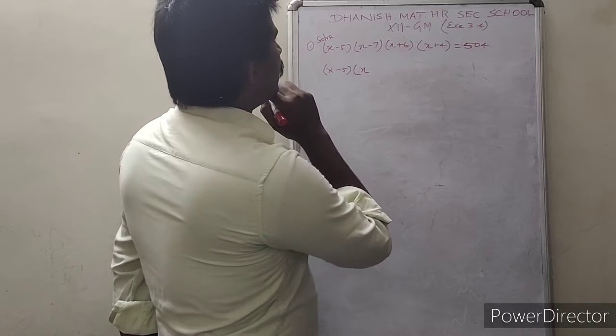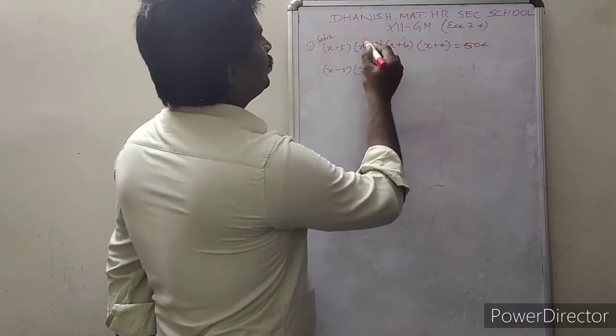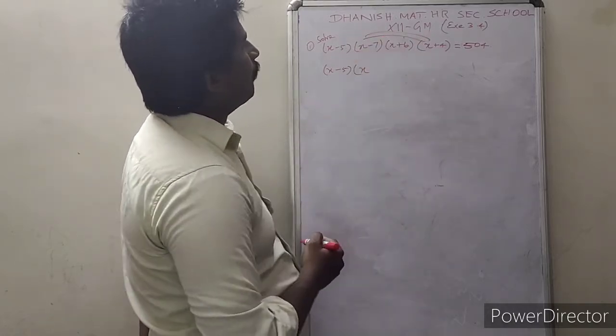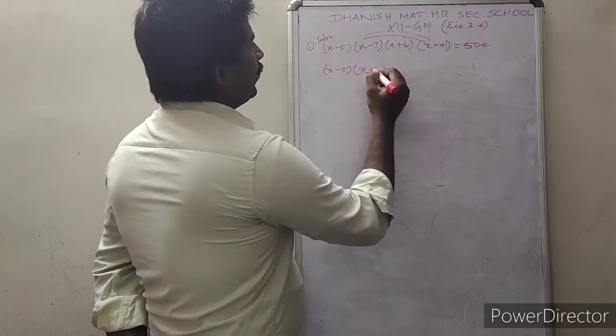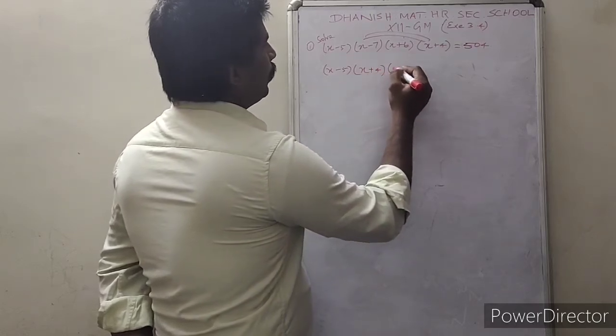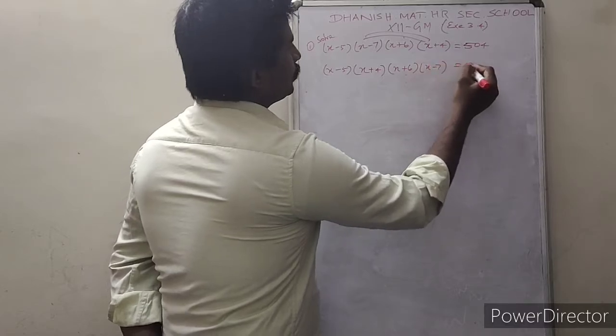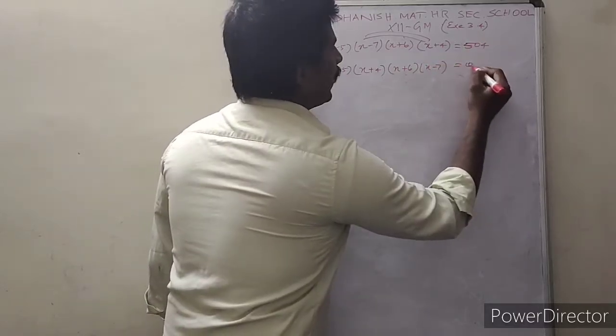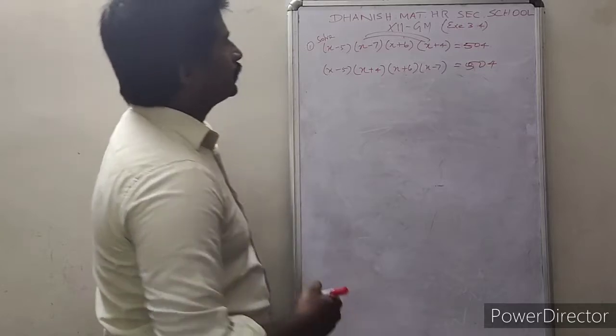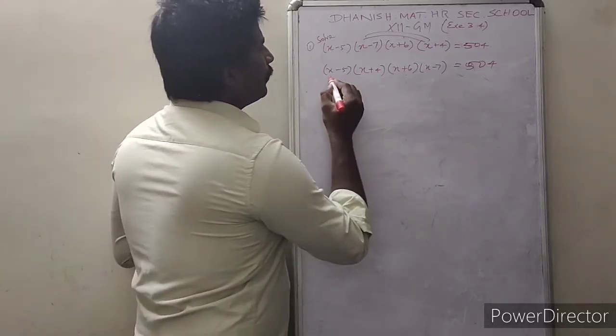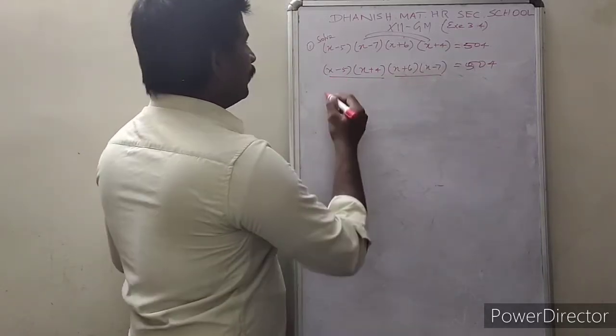Now I am going to rewrite the given equation, just interchanging these two: x minus 5 into x plus 4, x plus 6 into x minus 7 equal to 504. Now I am going to multiply these two as well as the remaining two.